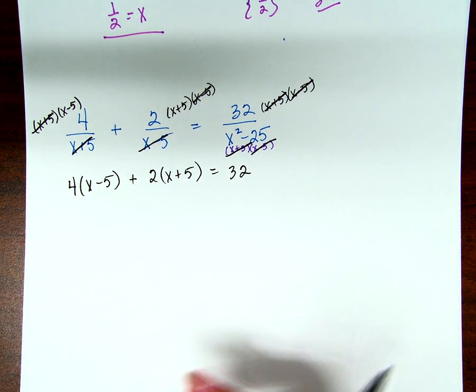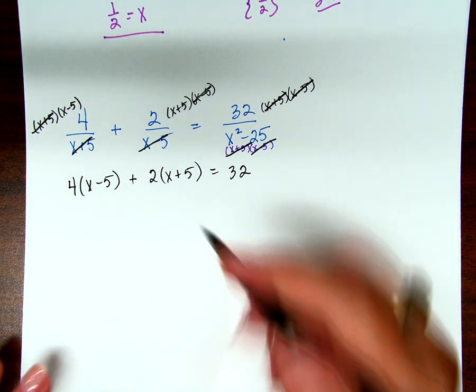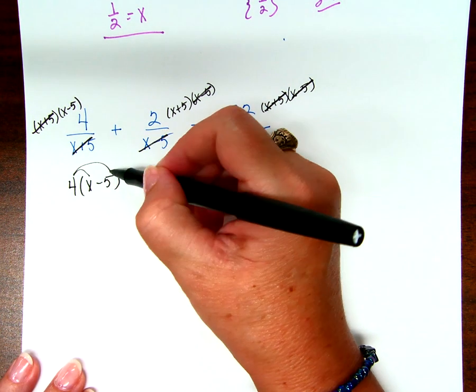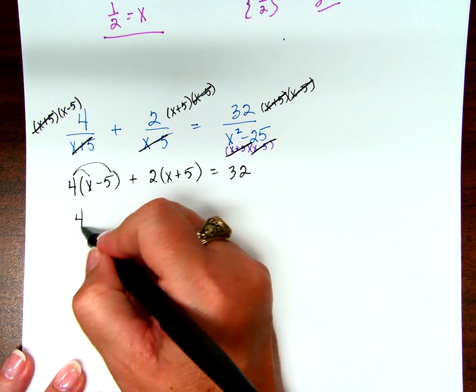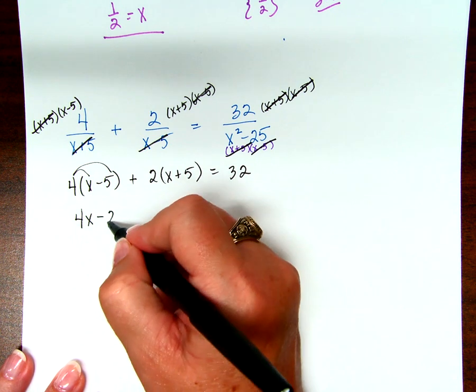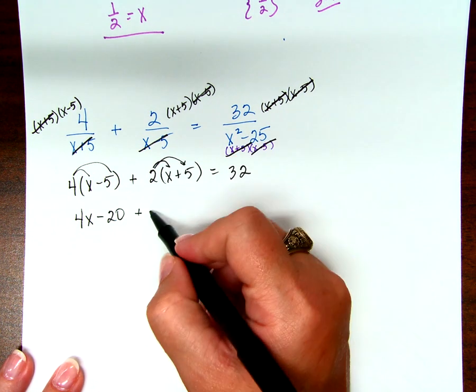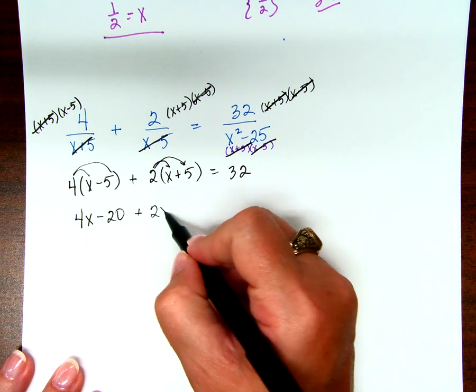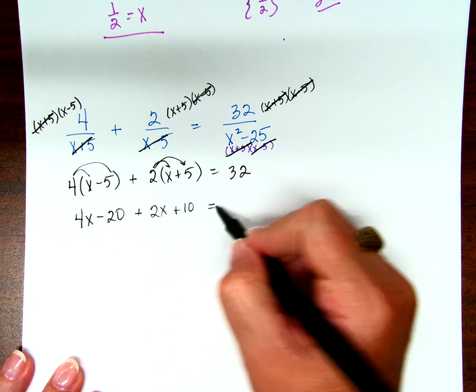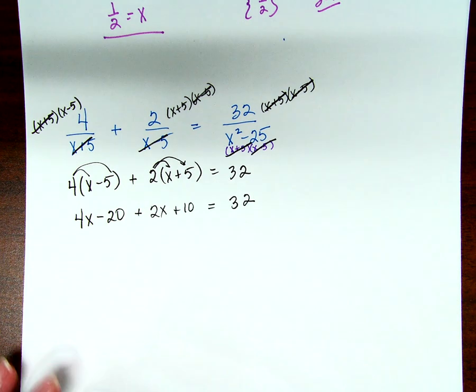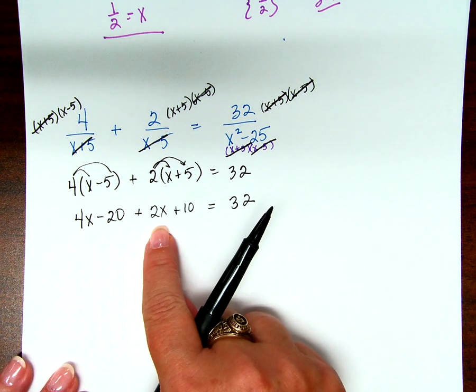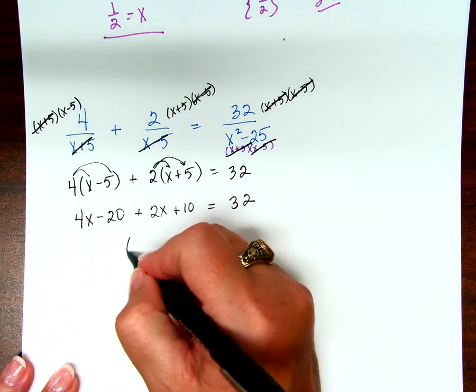Now this is just an Algebra 1 level problem, isn't it? Distribute, distribute. 4 times x is 4x. 4 times negative 5 is negative 20. Distribute, distribute. 2x plus 10 equals 32. When you combine your like terms, you get 4x and 2x, which is 6x.